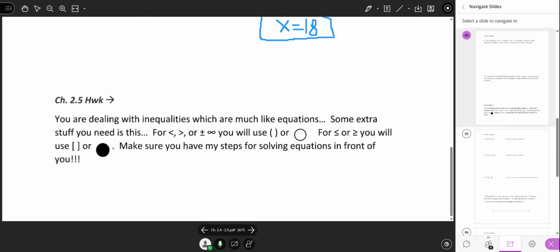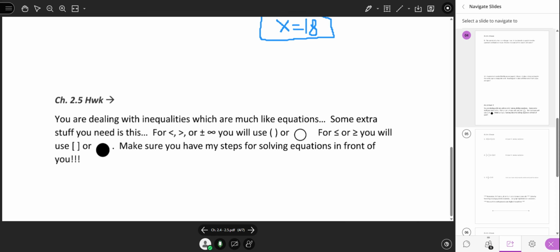So, less than, greater than, plus or minus infinity, you're going to use parentheses or an open circle. For less than or equal to or greater than or equal to, you will use square brackets or a closed dot.